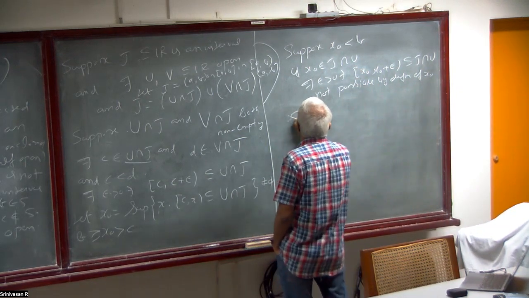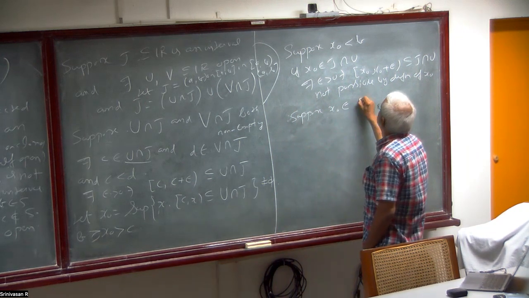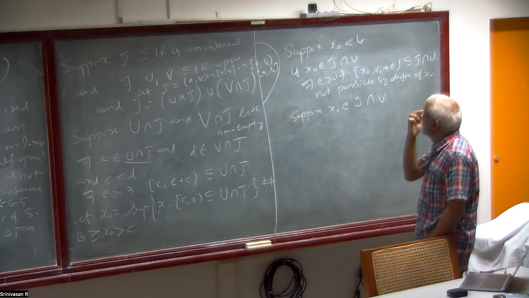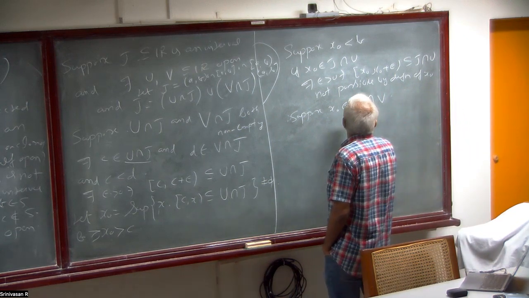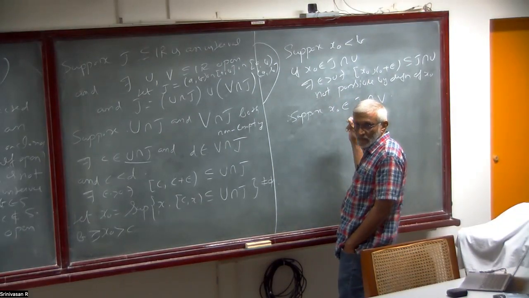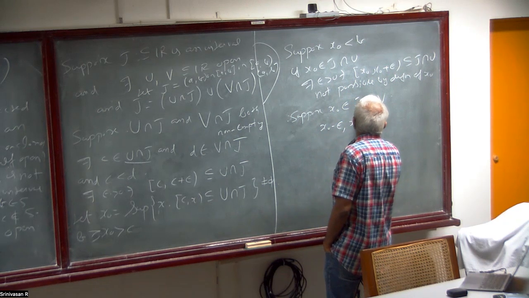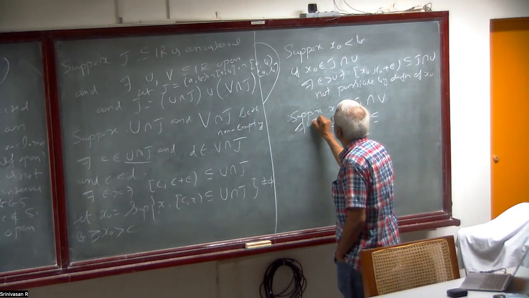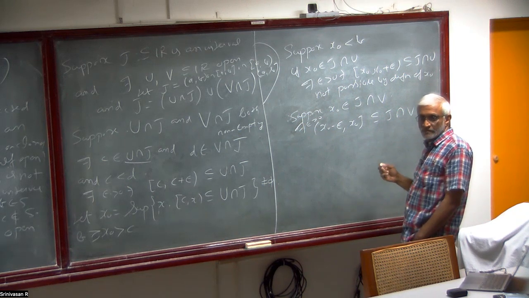So now suppose x naught is in J intersection V. Then because again this is open and this is an interval, I mean this is an intermediate point, x naught minus epsilon, x naught is contained in J intersection V, for some epsilon.